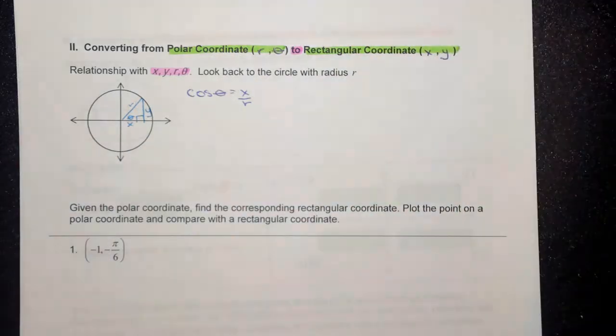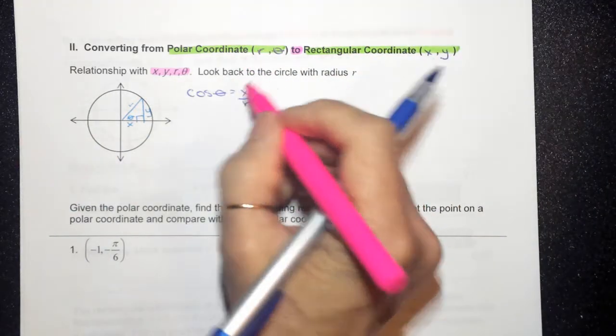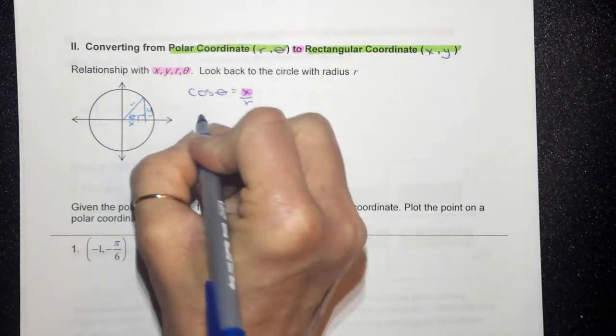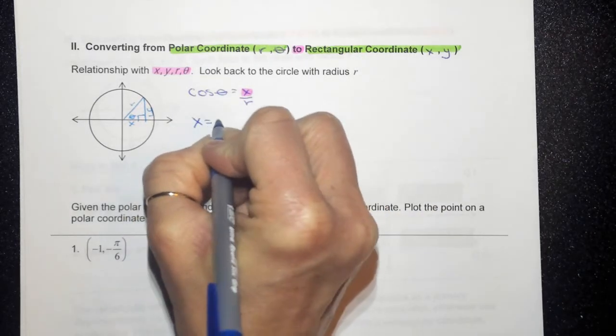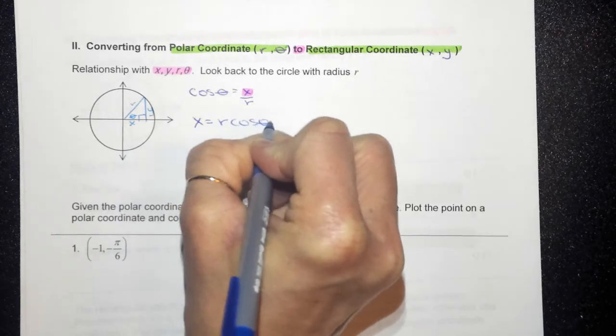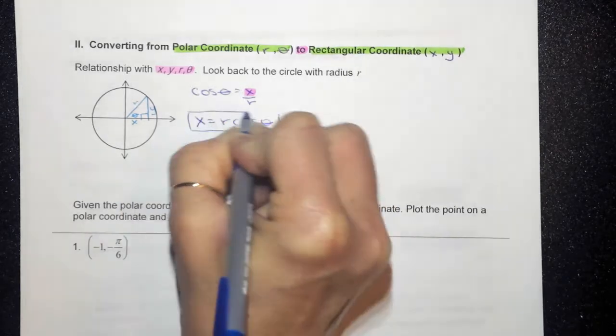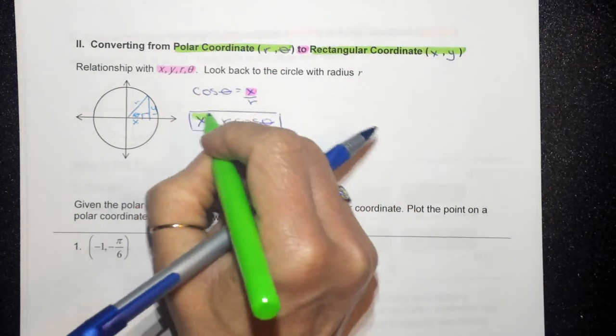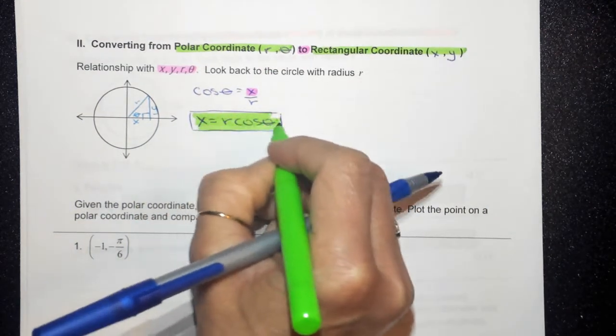So in this case, because we want to solve for x, I'm going to multiply by r. So to find x, that is going to be r times the cosine of theta. Okay, so let's highlight this. This is one thing that we need to commit to memory.